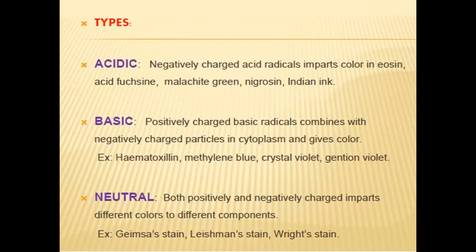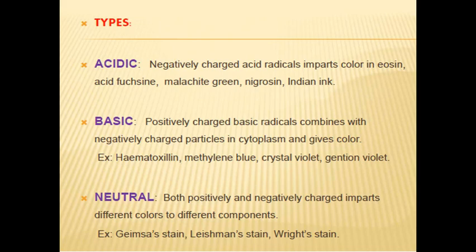Basically, when we discuss the types of stain, there are three types of stains available: acidic stain, basic stain, and neutral stain. The name itself suggests that acidic stains are nothing but negatively charged acid radicals that impart color to the specimen.